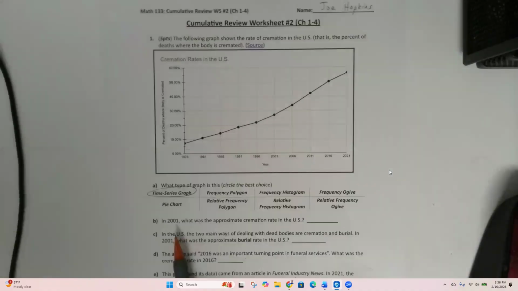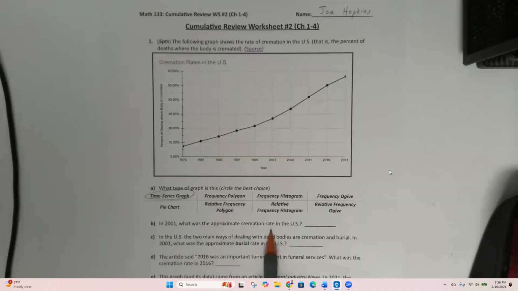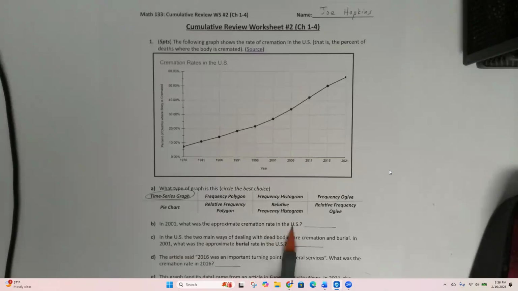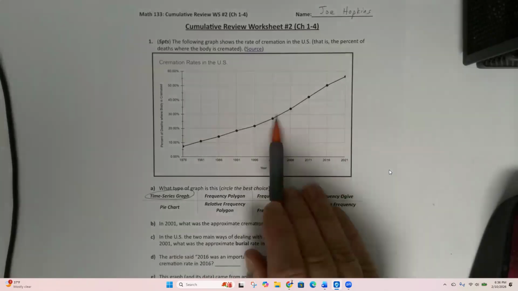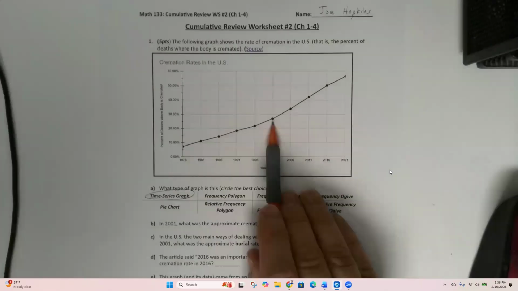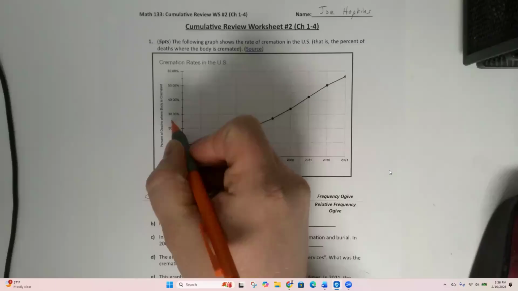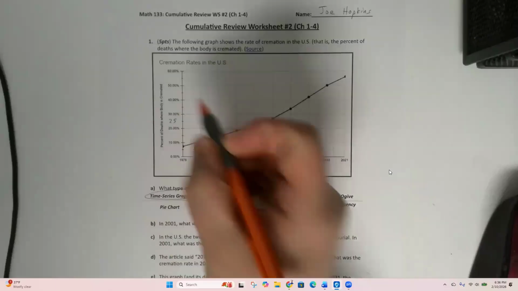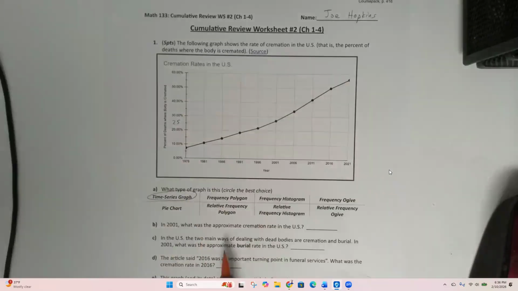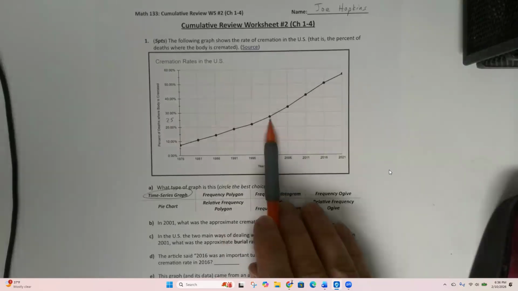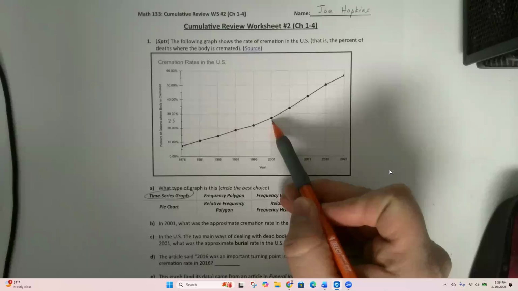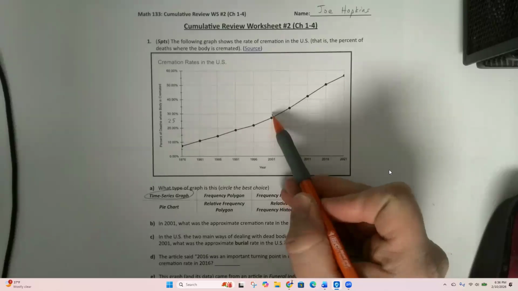In 2001, what was the approximate cremation rate in the US? Here's 2001 right here, and our dot is right here. So it's not 25%. 25 is this line here. We're not going to get the exact one. It's approximate, but we can get more accurate than 25. We can tell that that dot is not on the line, so it's somewhere between 25 and 30.